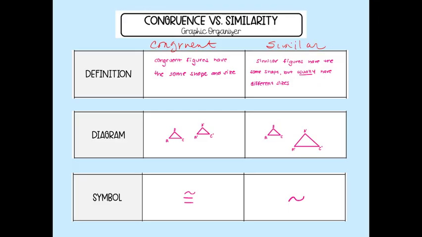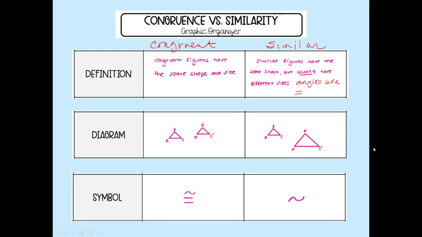Notice the definition for congruent figures: they have the same shape and size. Similar figures have the same shape, but usually have different sizes. And maybe you want to put on this that the angles are equal. They have the same measurement.